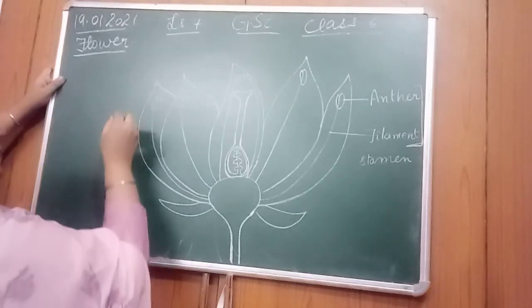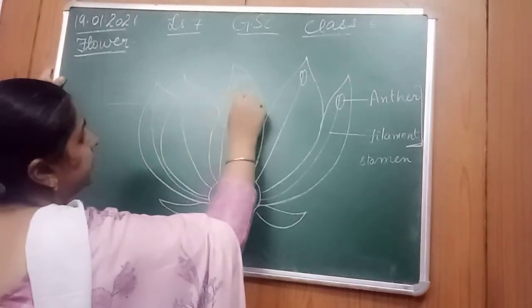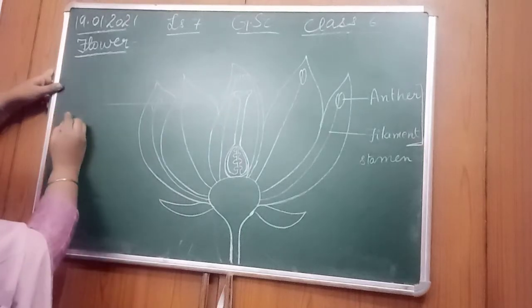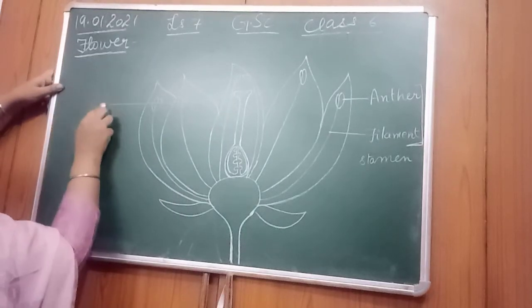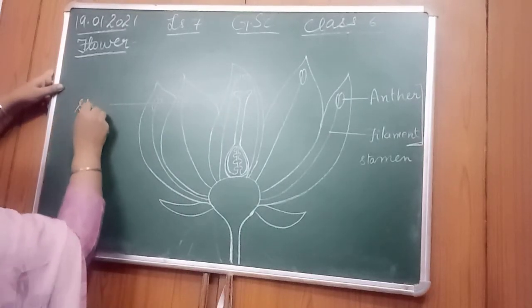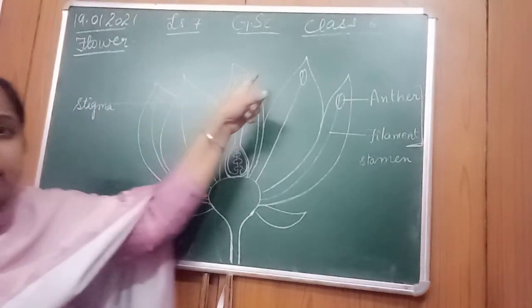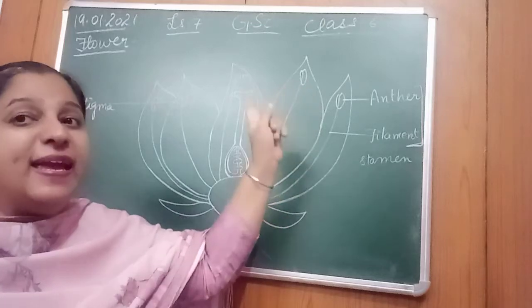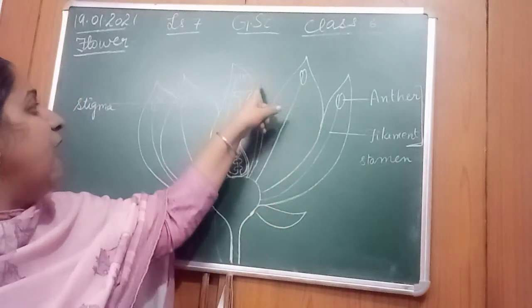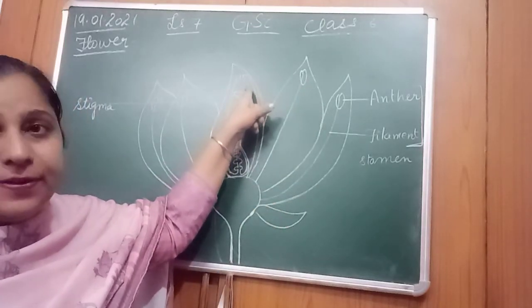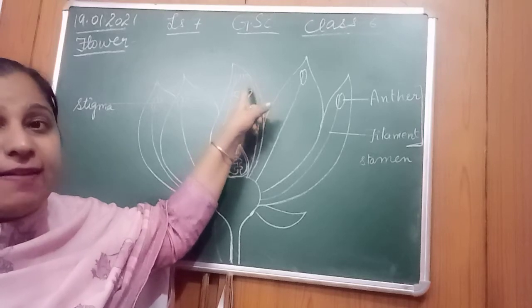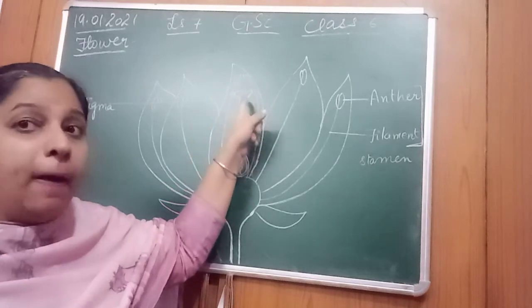Now coming to female reproductive part. This is receptive end. This is known as stigma. Receptive end means pollen grains or male gametes are received at this end. Right? They are received by stigma.